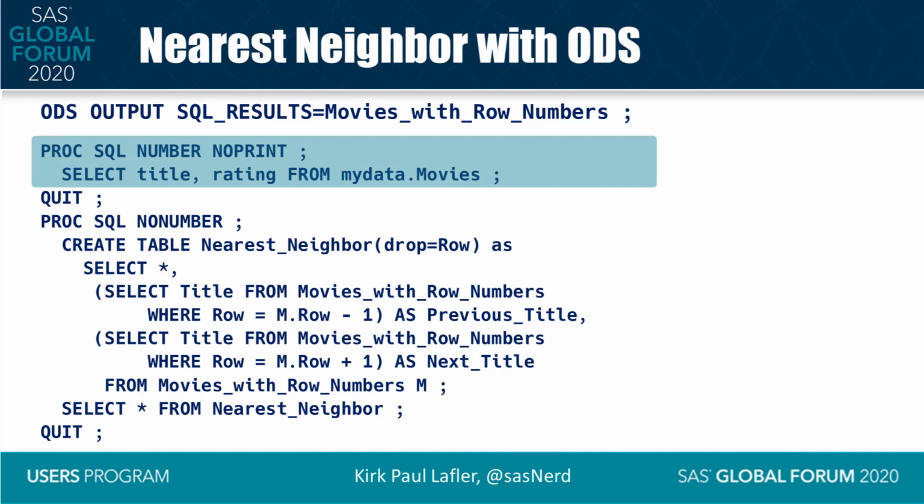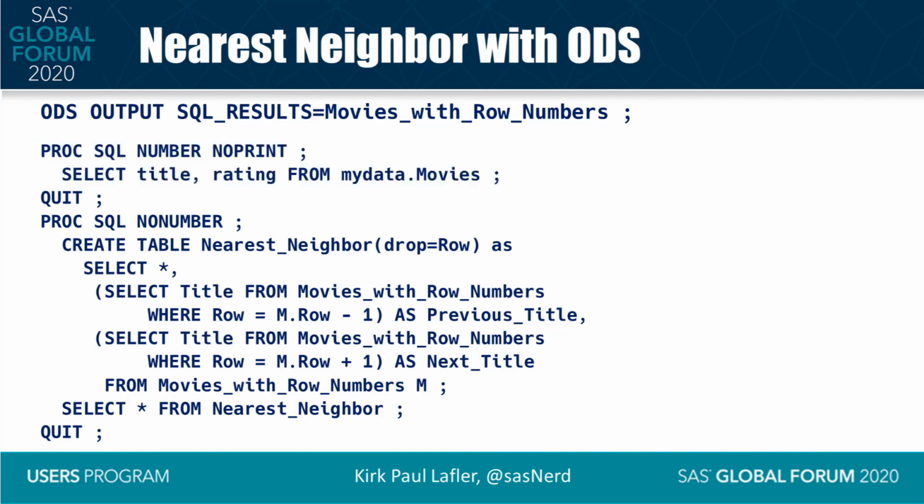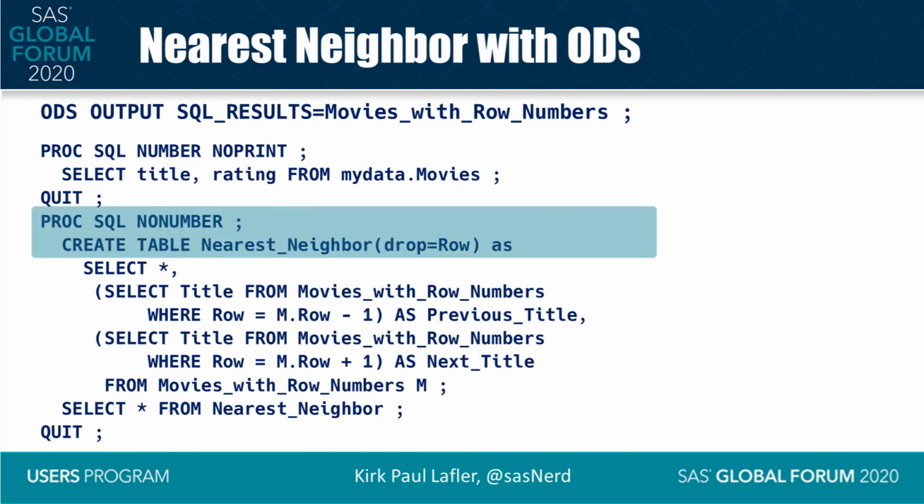As select all columns, select title from movies with row numbers, where row equals m.row minus 1. In other words, we want to emulate the lag feature for the previous title. Whatever movie we're looking at, we want to see what the previous title or the row with the previous title is.